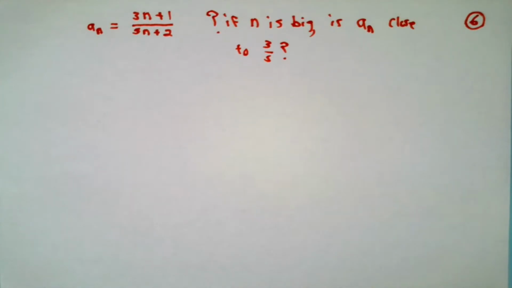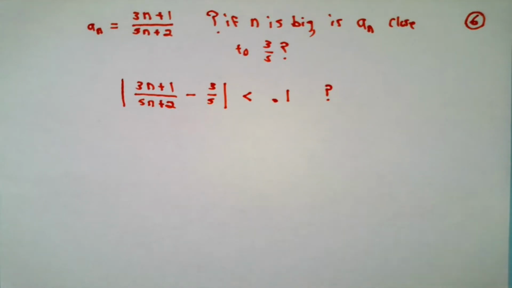If you tell me a distance, like 0.1 unit of distance, is there an index beyond which all of the a_n's are closer to 3/5 than this distance that you give me? For example, is there an index beyond which the distance from a_n to 3/5 is less than 1/10, say?